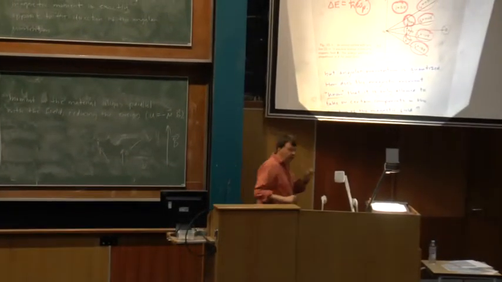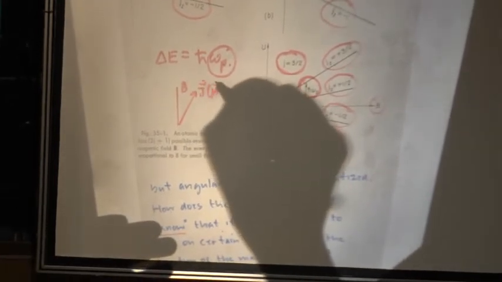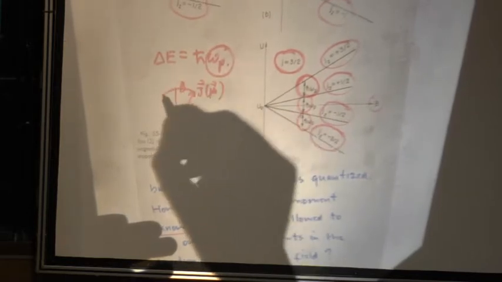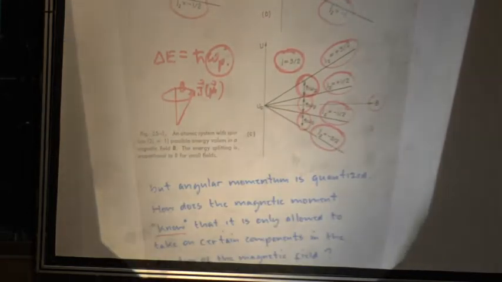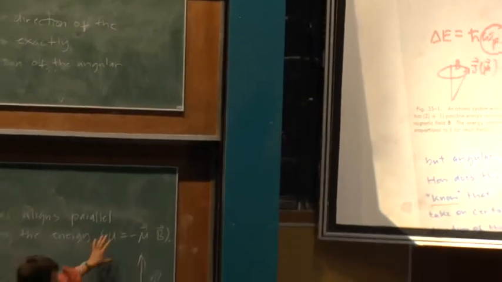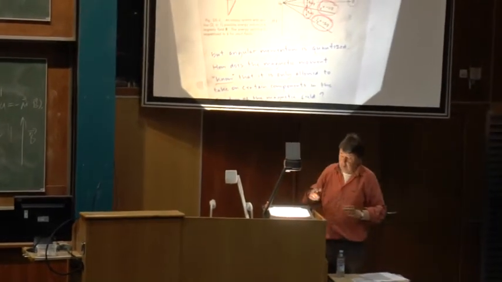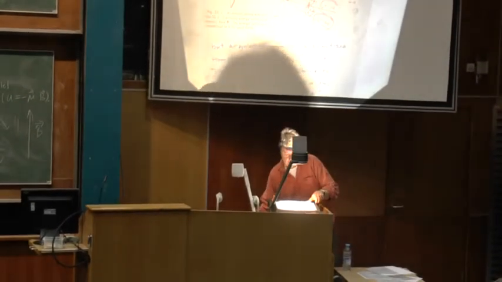But you have to be very careful when you use that analogy, because if I have my field direction like that and my angular momentum and therefore my mu like this, it's not really precessing about the field, because it's a quantized system. So this is why we don't pursue the analogies much further than this point, because once you think about what an atom really does in a field, it doesn't behave like a rotating charge.